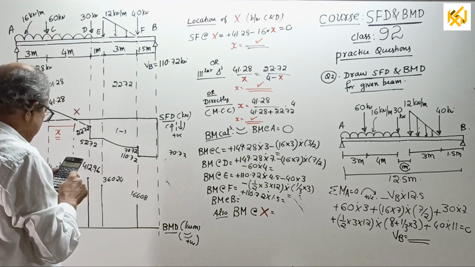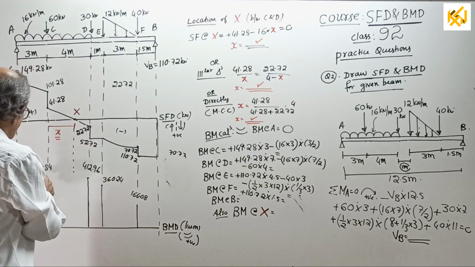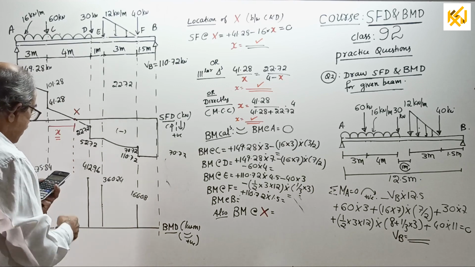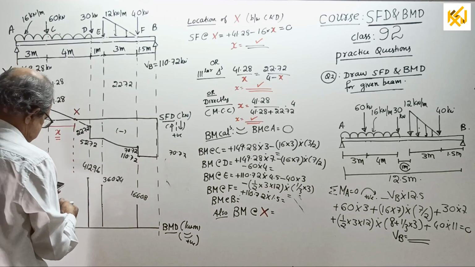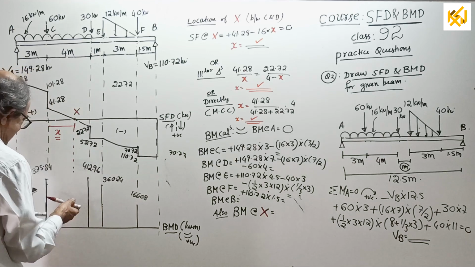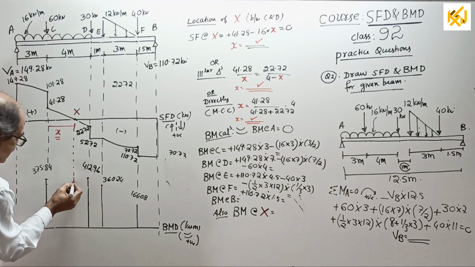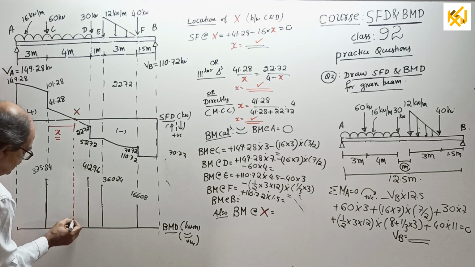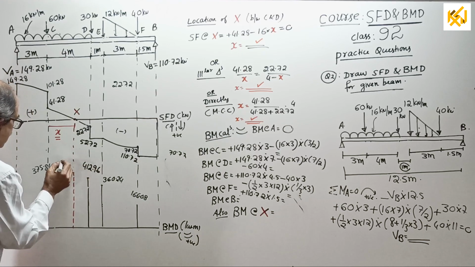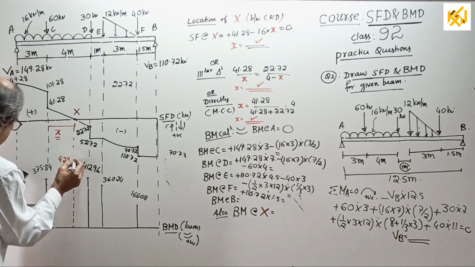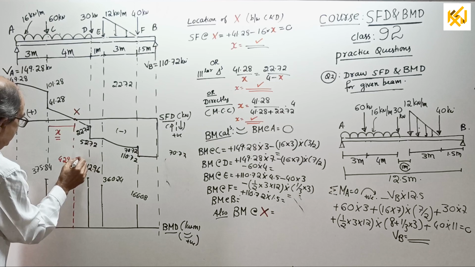Then, whatever you get, add the previous bending moment, 375.84, 429.0912.